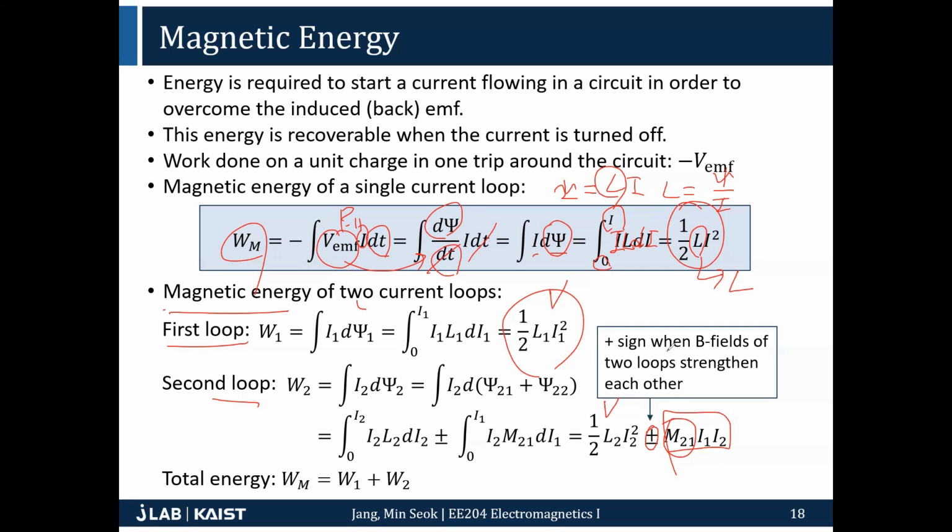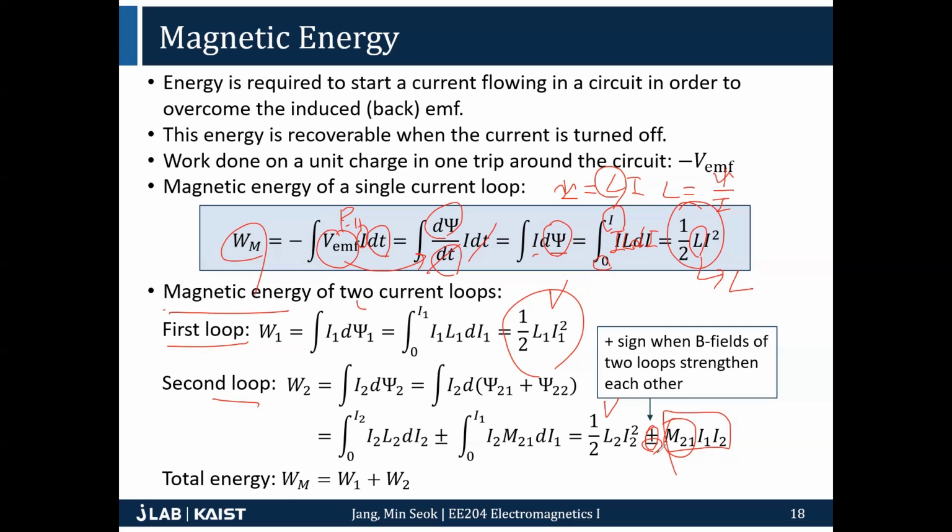When the B fields of the two loops strengthen each other, we take a positive sign. But when the B fields of the two loops cancel out the magnetic flux of each other, you take a minus sign.